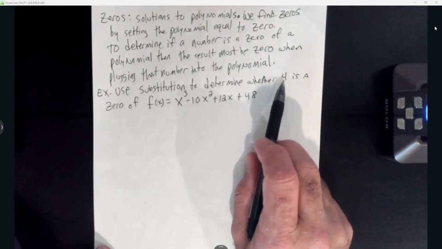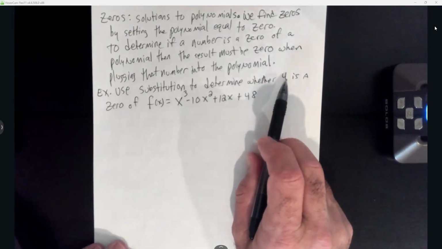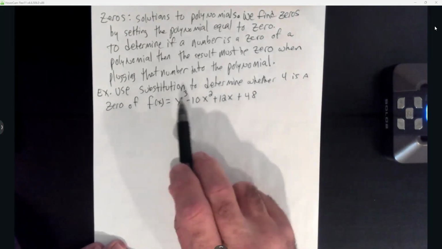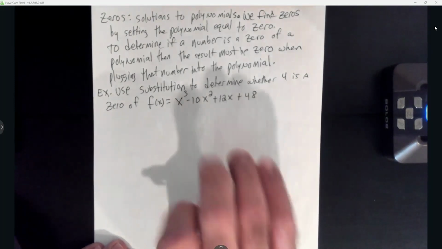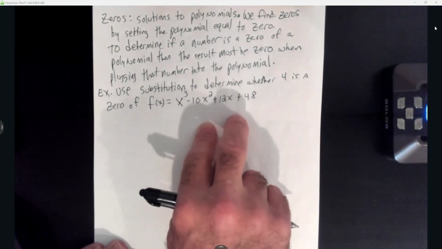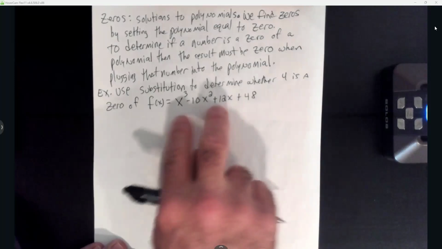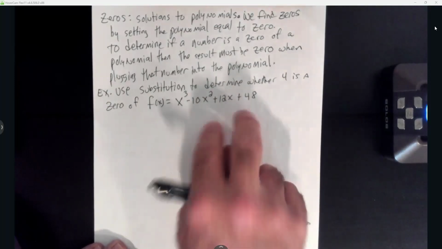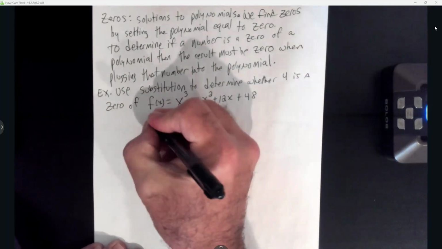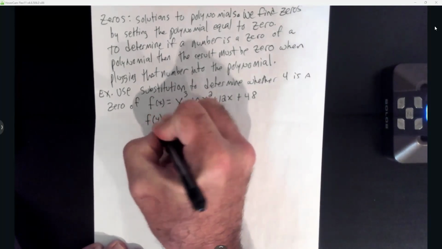So basically, I'm going to find f of 4, and I'm going to put 4's in for the x's. If this equals 0 when I'm done, then we'll put yes. If we get any other number, we're going to put no, okay? So we're basically finding f of 4.